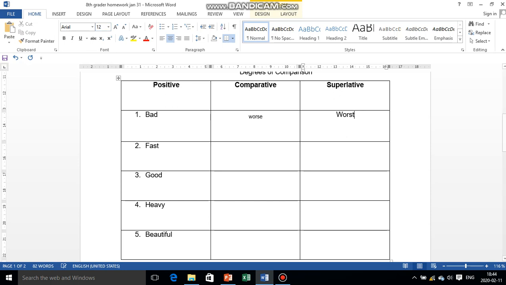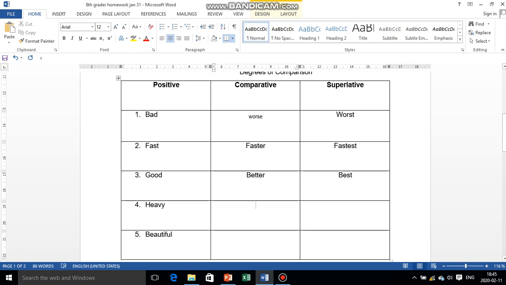Next one, number two is fast. Fast is a regular word. So all you need to do is add er in comparative, so it will become faster. Next one is est: fastest. Next word is good. The word good is irregular, so the comparative is better and the superlative is best.